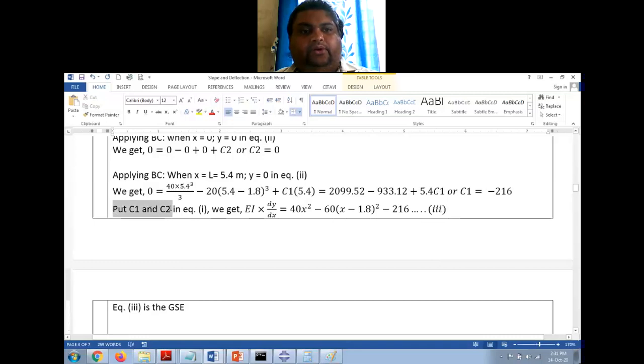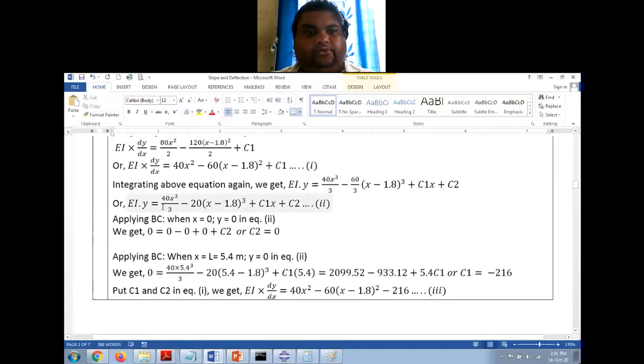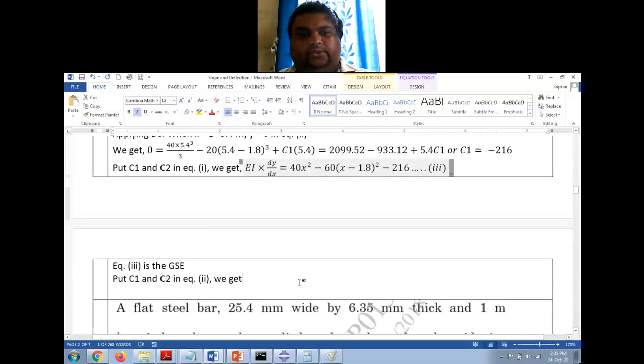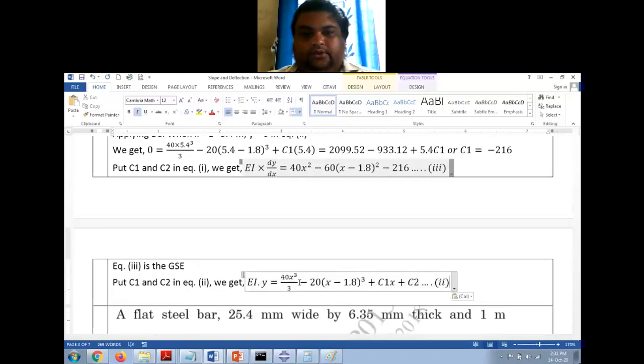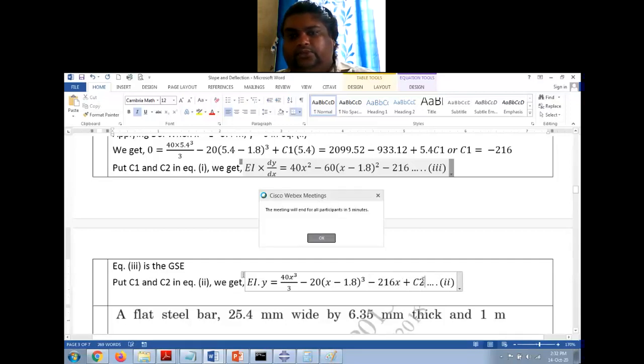Now again you put C1 and C2 in equation 2, right? Where is my equation 2? This is my equation 2. Just copy this. C1 is minus 216, so this will become minus 216 x, and C2 is 0.